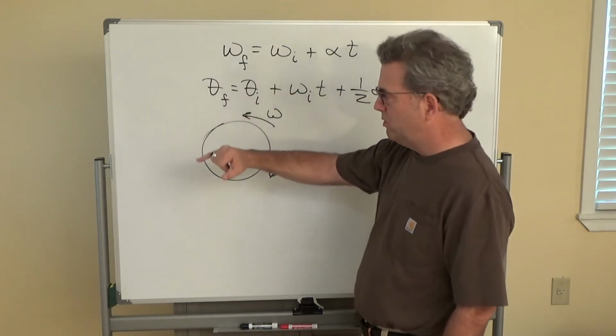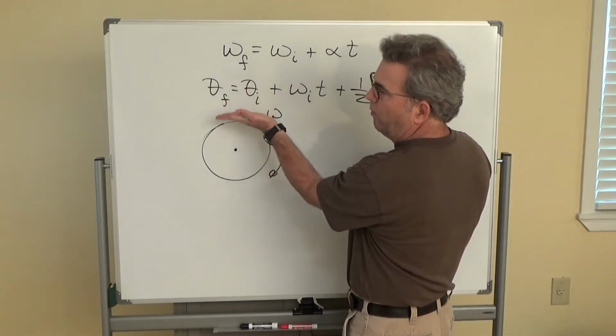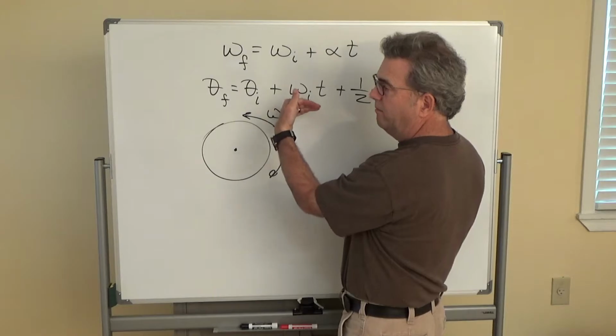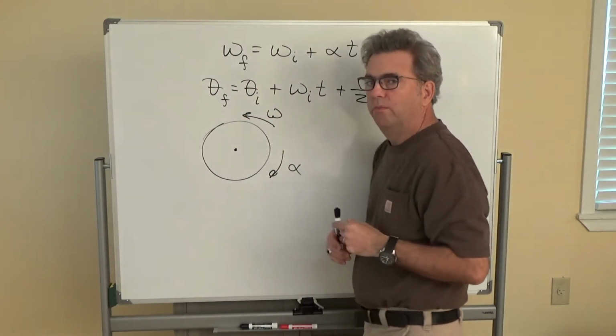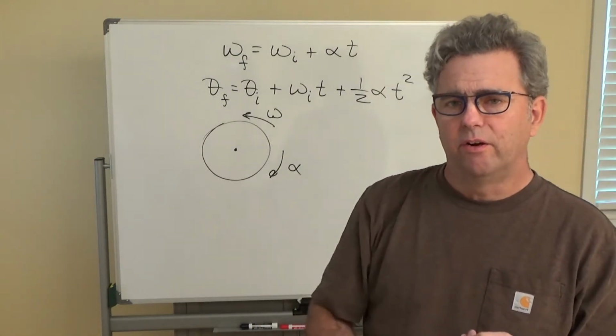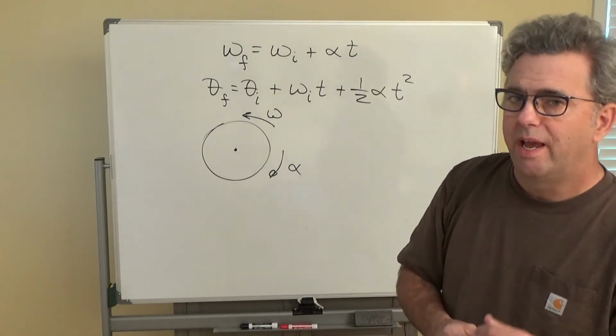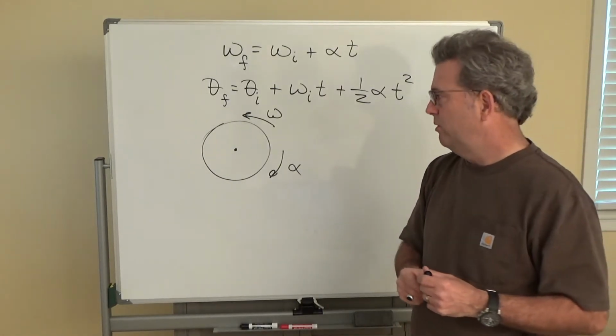Just like the unit circle. As you're going from that positive x-axis and you're going this way, that's a positive bit of angle. Okay? So angular displacement, angular velocity, angular acceleration are vectors. They have a direction and a magnitude.